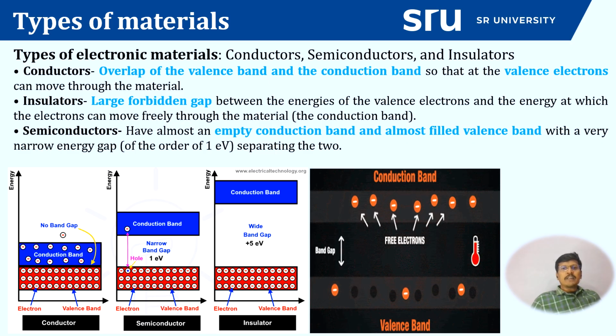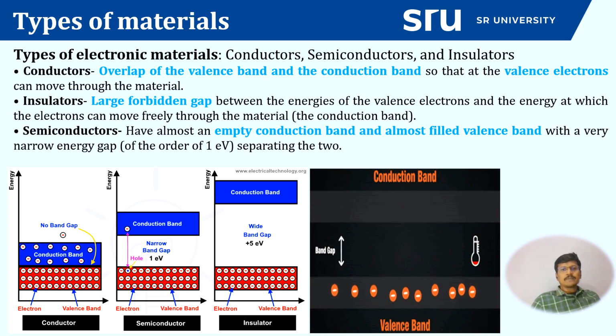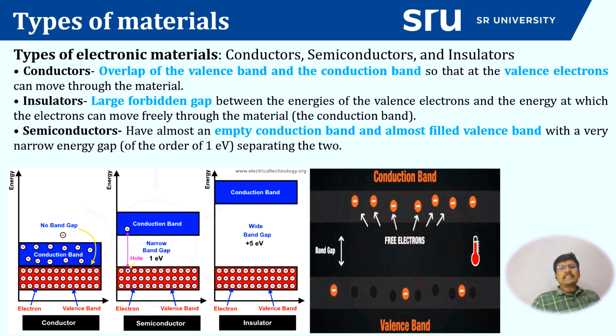The most common semiconducting materials are silicon and germanium, which are available freely in nature. These two semiconductors are also known as intrinsic semiconductors.